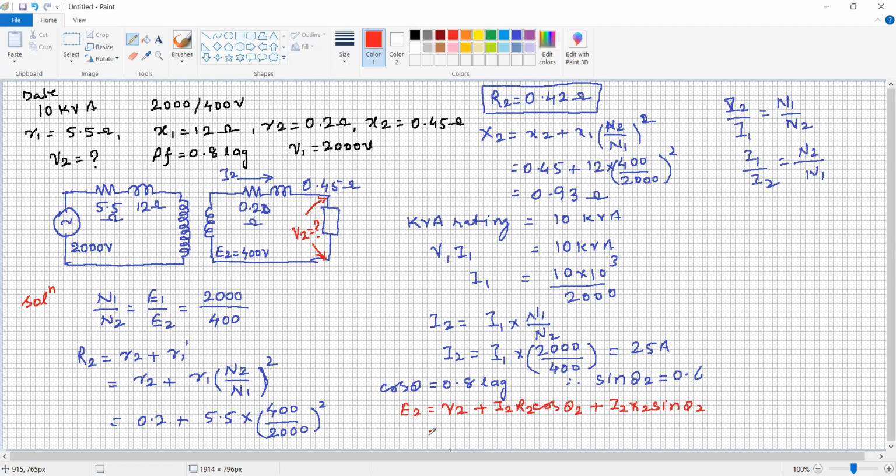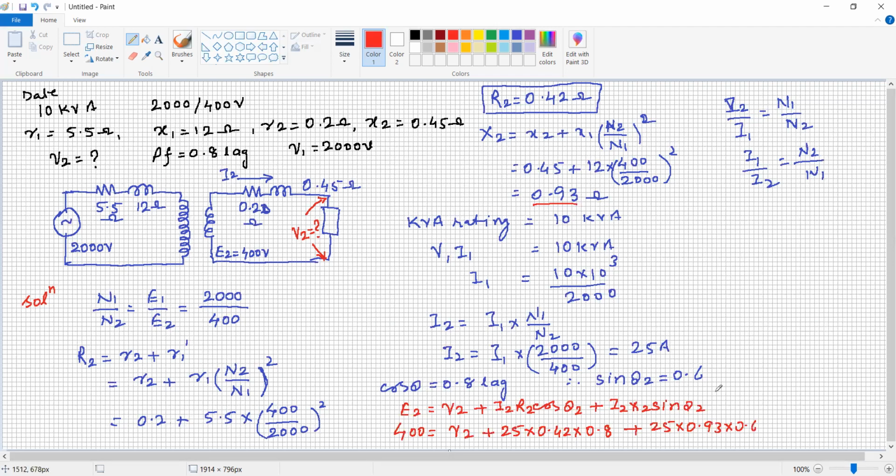Put these values: 400 equals V2 plus 25 into 0.42 into 0.8 plus 25 into 0.93 into 0.6.